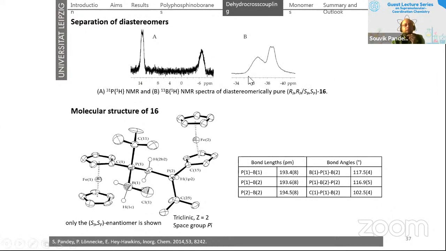This is the boron 11 NMR, because we have two boron environments. Here one PB is there, P boron BH2, and this is BH3. BH2 and BH3 environments are there. That's why two boron peaks are there.